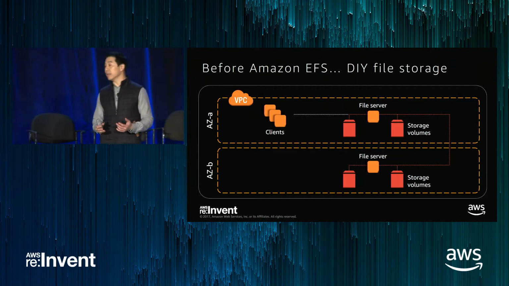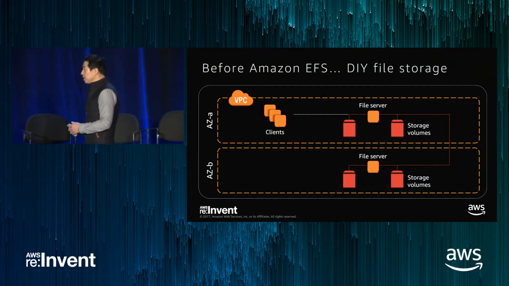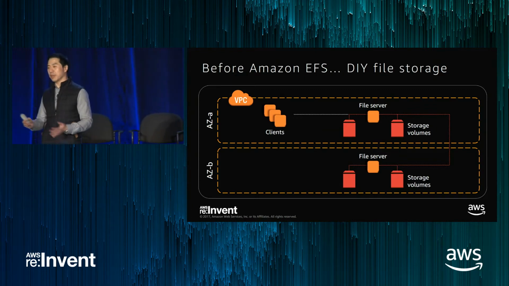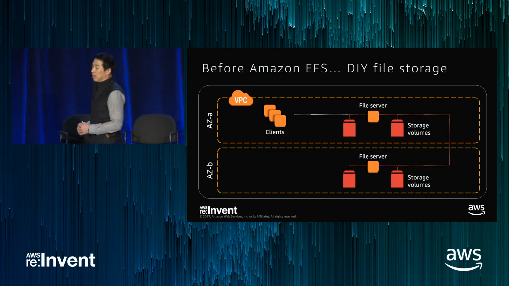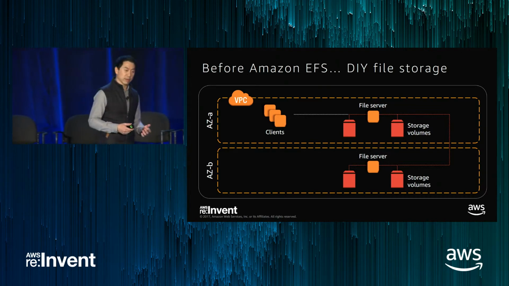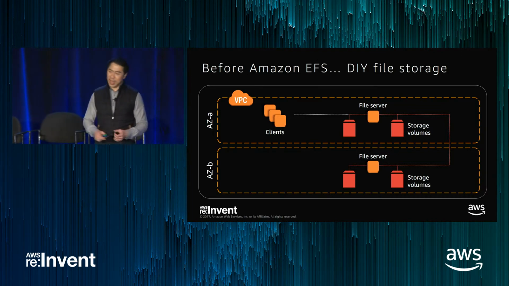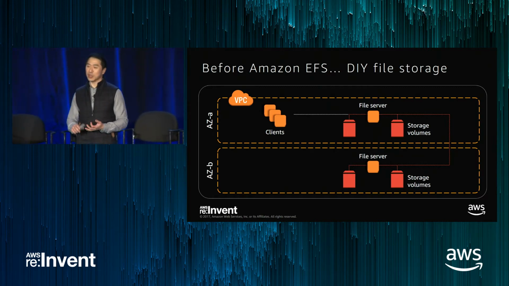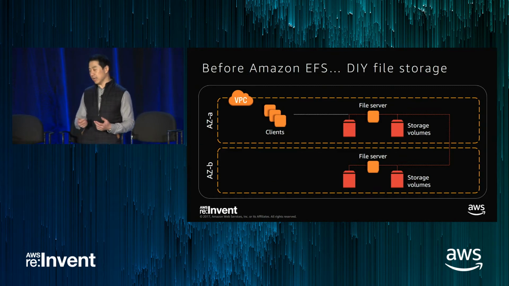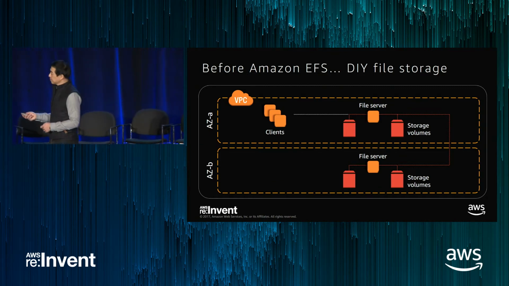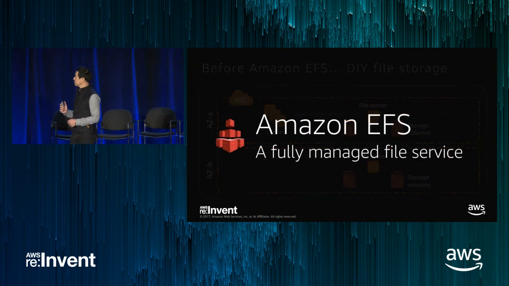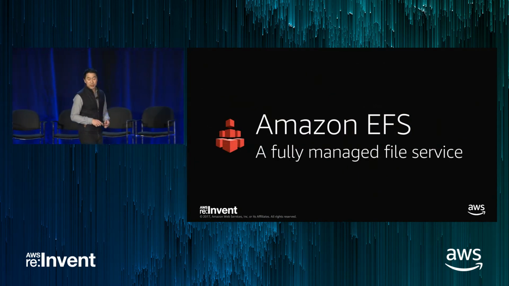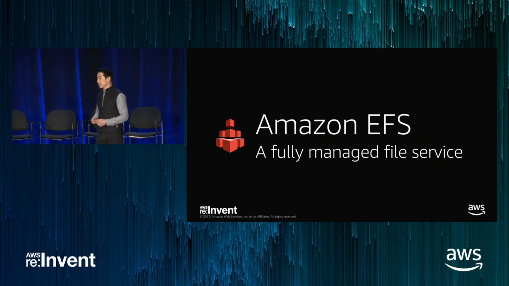And for high availability, you would need to duplicate that environment in another availability zone. And then you would need to copy the data over into the other availability zone for that redundancy. So you had multiple EC2 instances, multiple EBS volumes, and then you would have to manage the file system layer and data copy. But now we have Elastic File System, which is our native, fully managed file service.